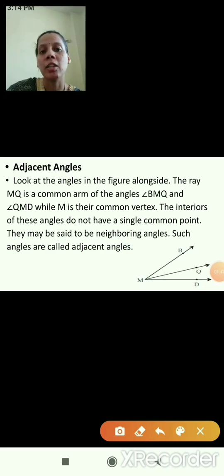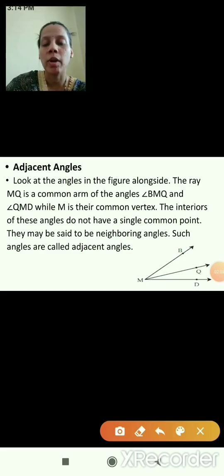Such angles are called adjacent angles. Adjacent angles have a common arm and common vertex, but they have separate interiors. As you can see in this figure, there are two angles, angle BMQ and angle QMD.